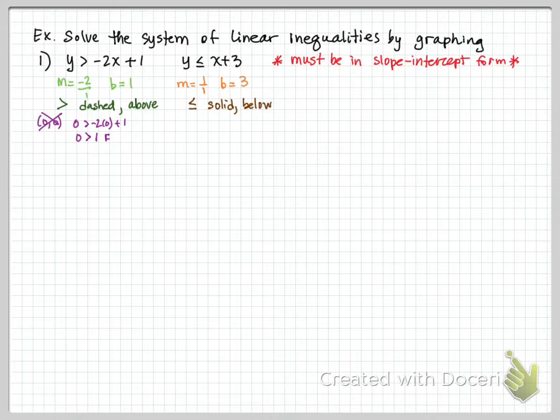All right, so I am going to test 0, 0. So is 0 less than or equal to 0 plus 3? Is 0 less than or equal to 3? And that's true. Well, let me write T for true. So that means this line will get shaded over 0, 0.